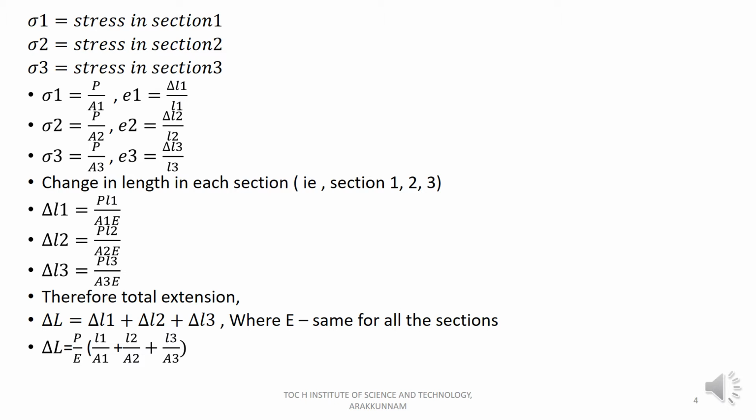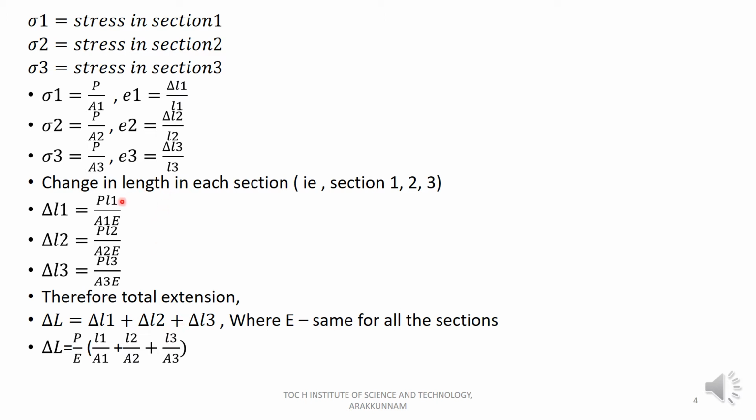Similarly, sigma 2 is equal to P by A2 and epsilon 2 is equal to delta L2 by L2, and sigma 3 is equal to P by A3 and epsilon 3 is equal to delta L3 divided by L3. Now we have to find the change in length for each individual section, and then finally add delta L1, delta L2 and delta L3 for the total extension.